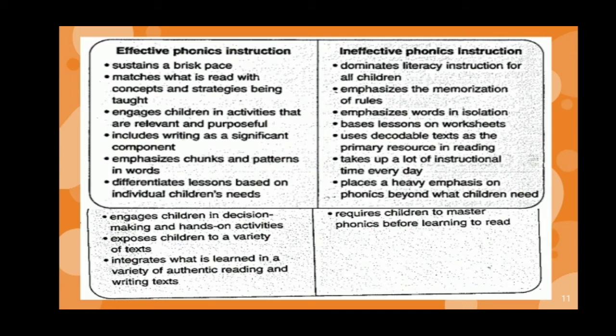It uses decodable text as the primary source in reading. Decodable text is text that children can read using their phonics knowledge. For example, of decodable: k, t, cat, cat. So, children spell by phonics.